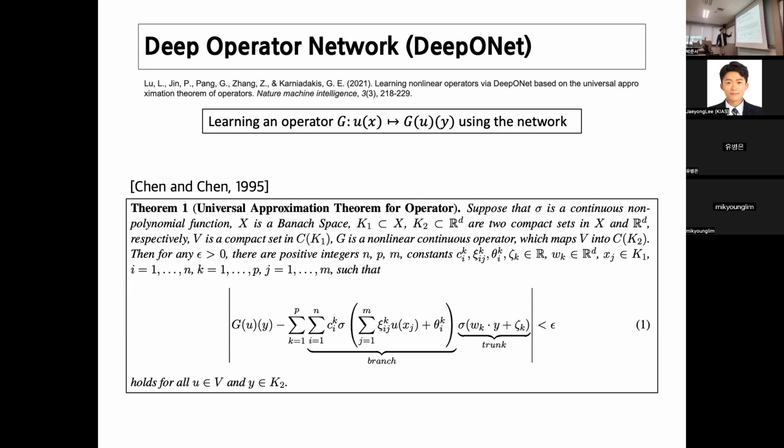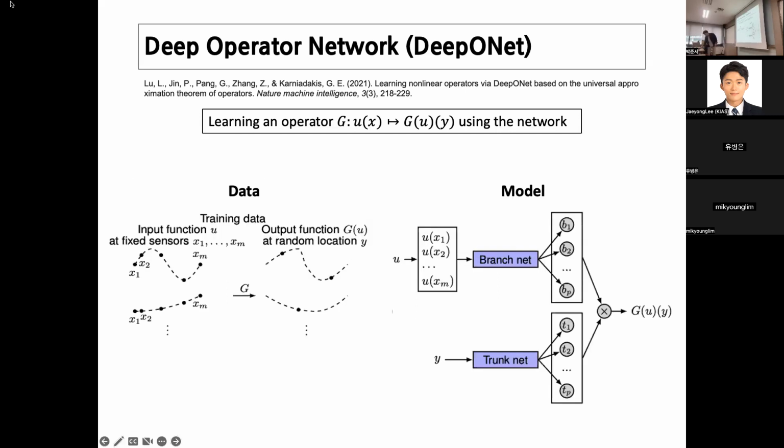They use this one and this one in the theorem, using neural networks to make a deeper network instead of these terms. Therefore, this model is based on the universal approximation theorem, and it actually performs well in many various operator learning problems.